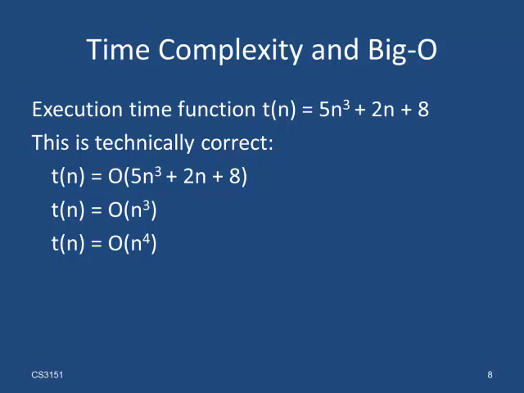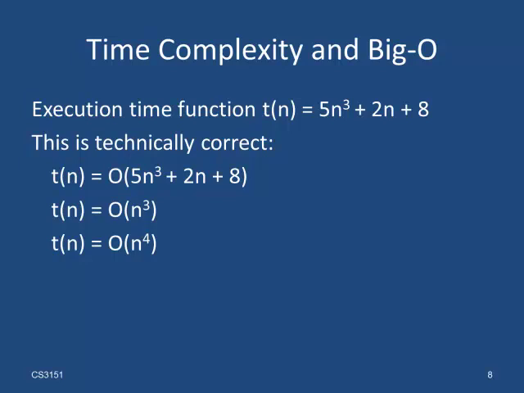However, one of the purposes of the big-O notation is to give a performance guarantee. You typically want to show how good your algorithm is, and a time complexity of O of n to the 4 looks much worse than O of n to the 3. So you want to find not just any upper bound for the execution time function, but preferably the lowest possible upper bound.